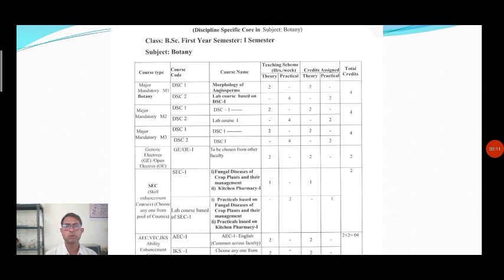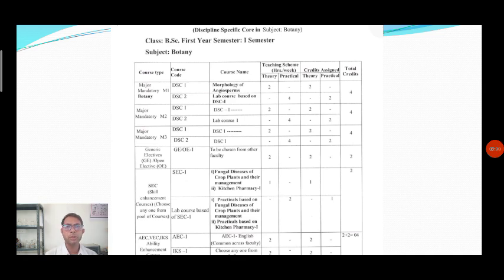Now the first year student has another major mandatory subject, M2, or a third paper, M3. So it may be chemistry, zoology, or any subject other than botany.